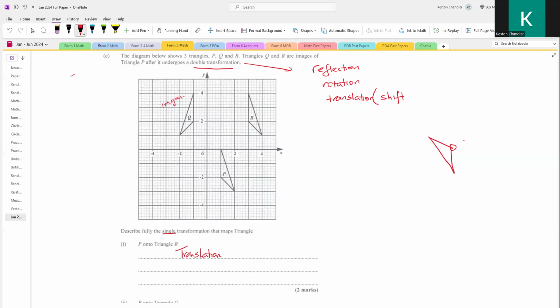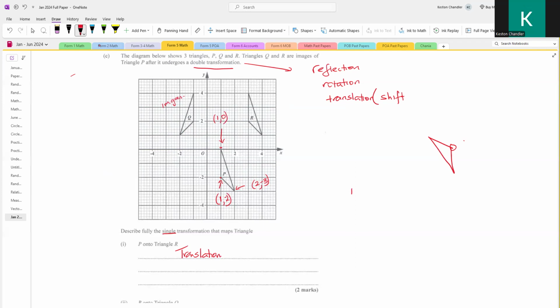This point here is the point 1, -2. This point here is the point 2 on the X and -3 on the Y. This point here is the point 1 on the X and 0 on the Y. So let's look at those points.